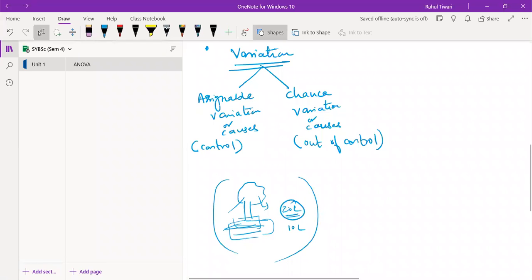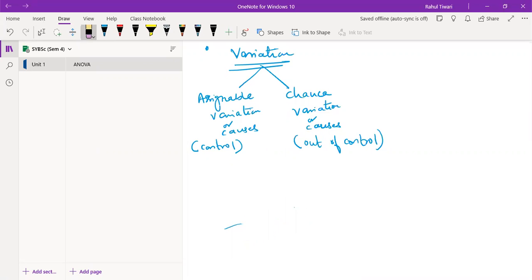The very important thing is that we need to reduce this chance variation. Obviously, because this is also called error, and we try to reduce error.